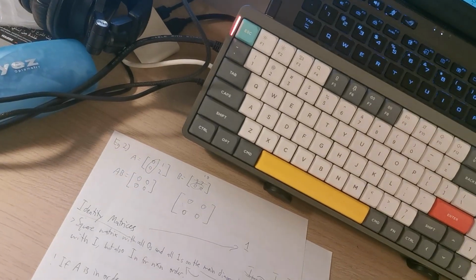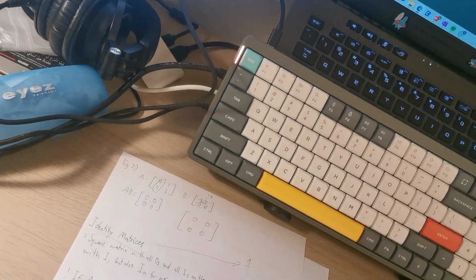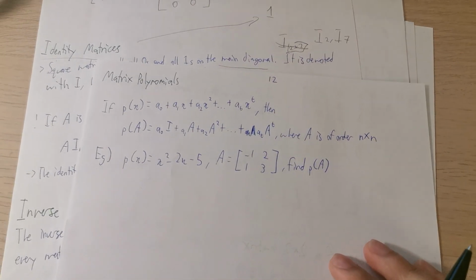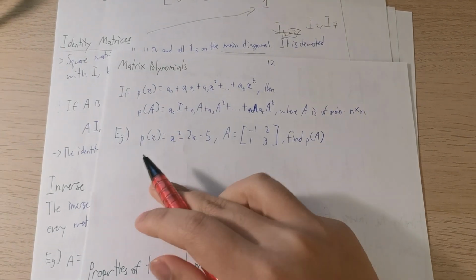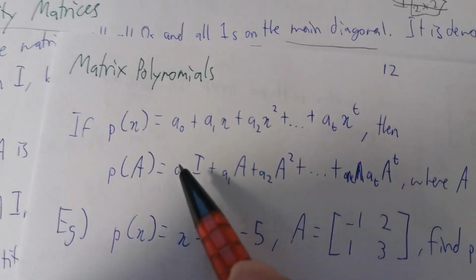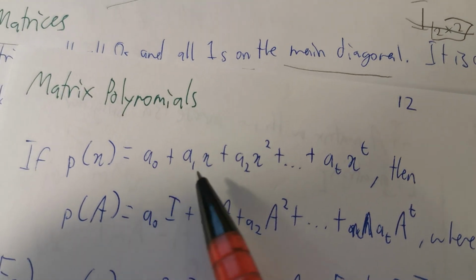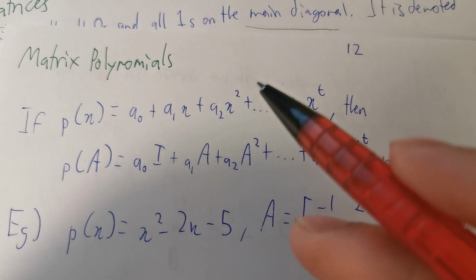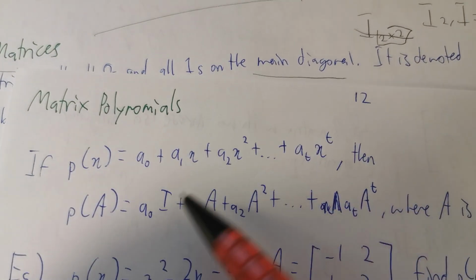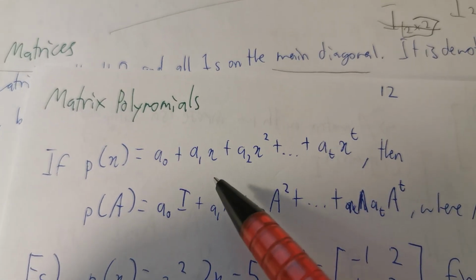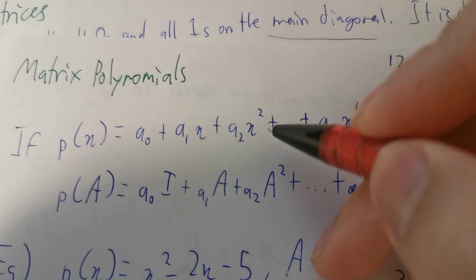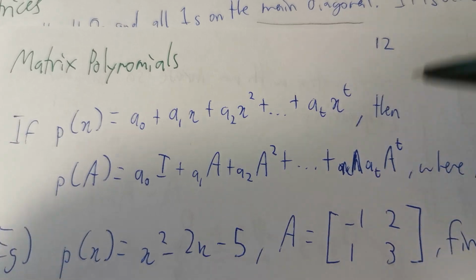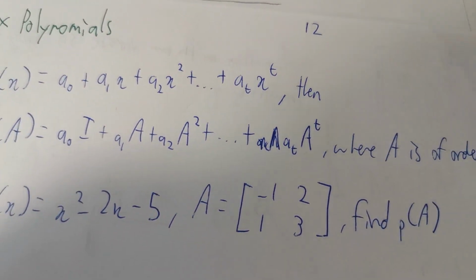So, moving on, matrix polynomials. Polynomials are just like multiple numbers, right? So for example, these a's represent real numbers, the coefficients in the polynomial, and then x is the variable, and t is just how big it goes. It goes up to whenever you want.